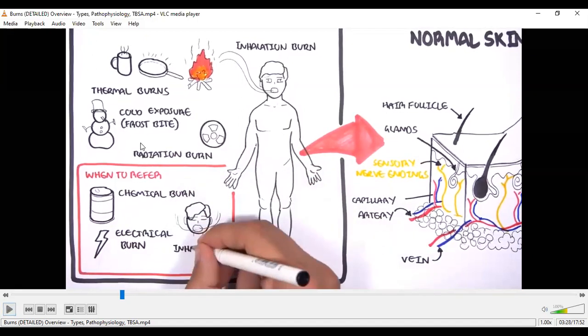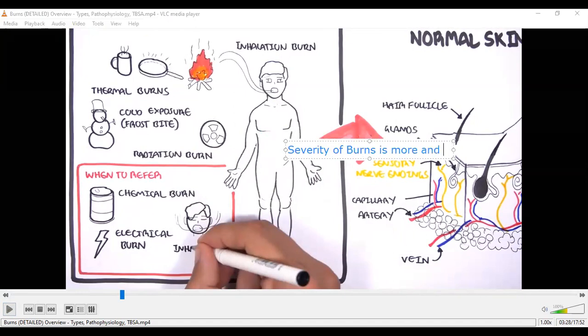So here it has been described when to refer to the burn center. It is obvious when the severity of the burn is greater.